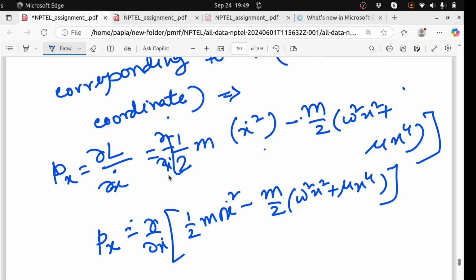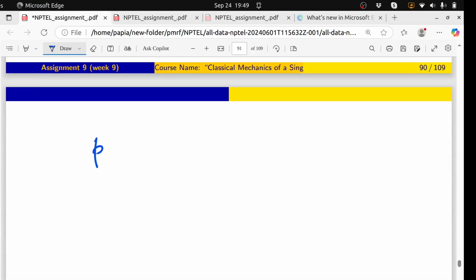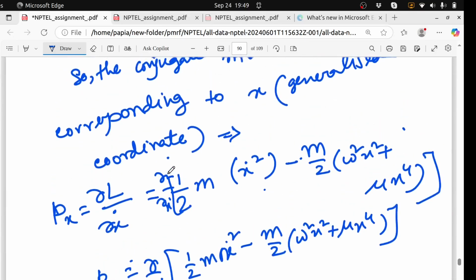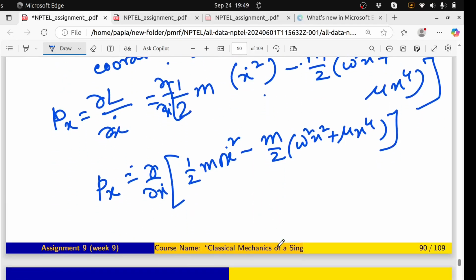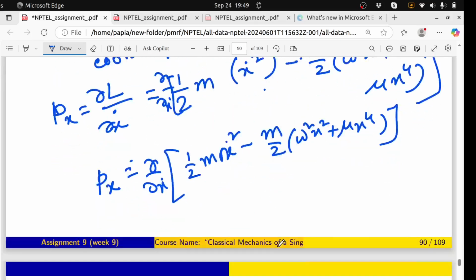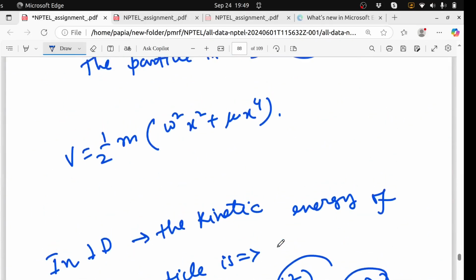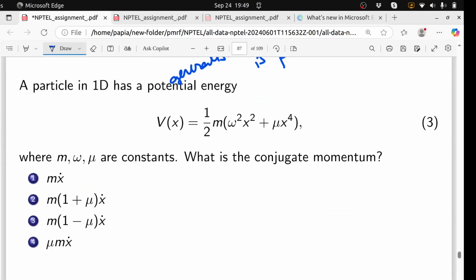From there I can see p x is simply half m times 2 x dot, so it is m x dot, because you can see that V is not a function of x dot. So p x will be m x dot simply. So this is the answer.